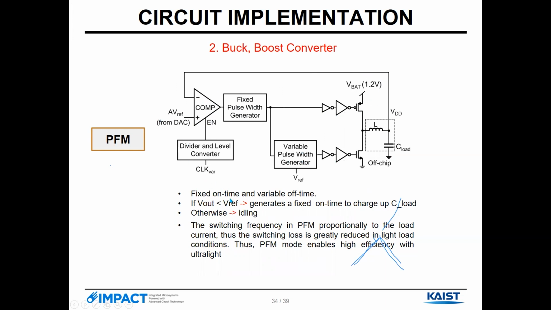If the V output is less than V reference, the fixed pulse width generator generates the fixed on time pulse to charge the capacitor, with current flowing like this. Otherwise, if V output is more than V reference, the pulse generator is idling. It does not run. So the switching frequency in the PFM is proportional to load current. This is the reason why the switching loss is greatly reduced in light load conditions.